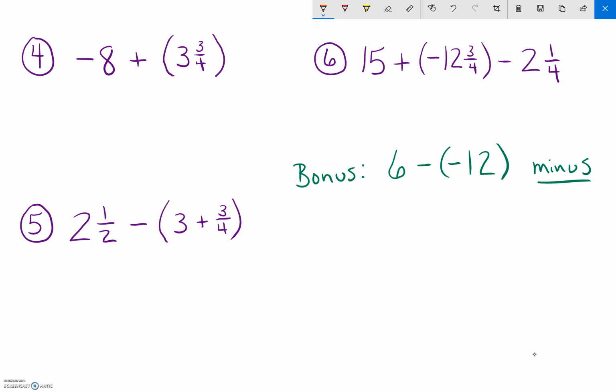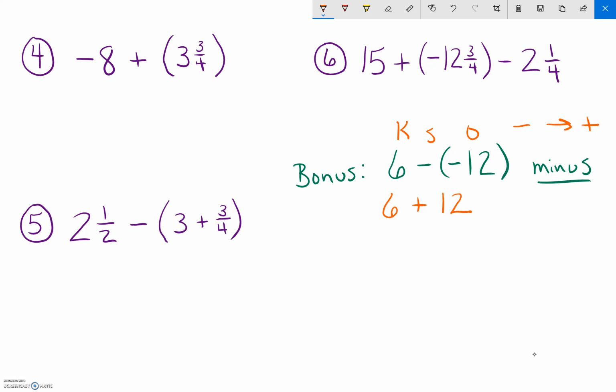We have a trick that we use anytime that we do subtraction, and you can do it. It's called keep switch opposite, and what it does is it turns that subtraction problem into an addition problem. So if we keep the 6, we switch subtraction to addition, and then we take the opposite of negative 12, which would be positive 12.